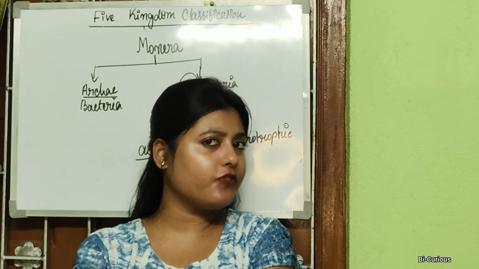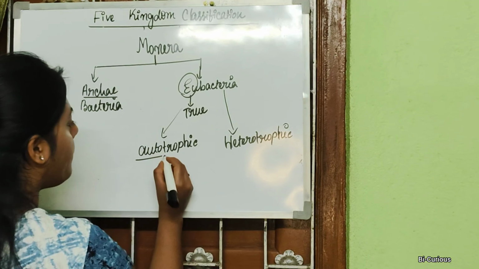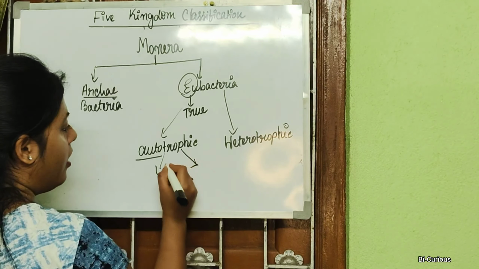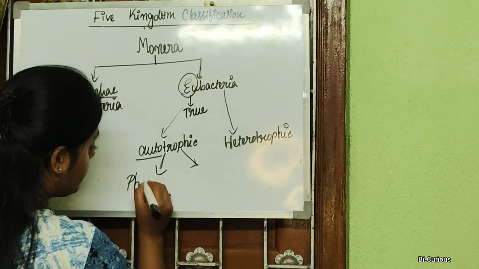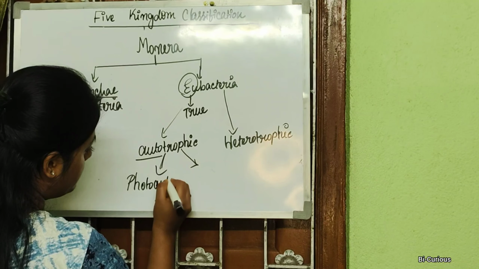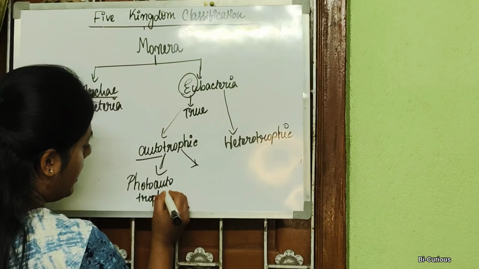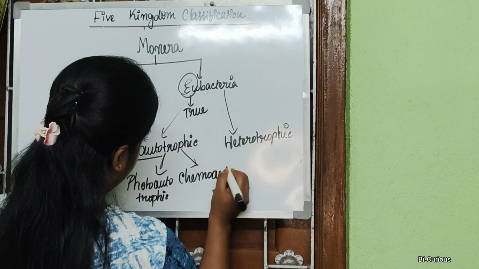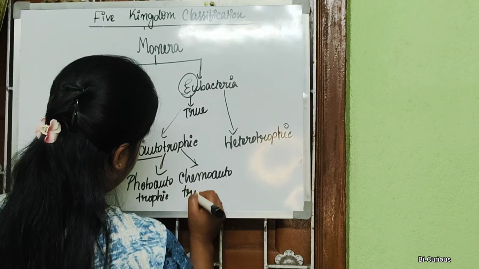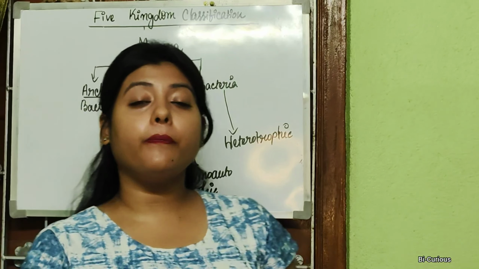So first, what is photoautotrophic? We will write: autotrophic organisms are 2 types, one is photoautotrophic, another one is chemoautotrophic. Photoautotrophic means what?